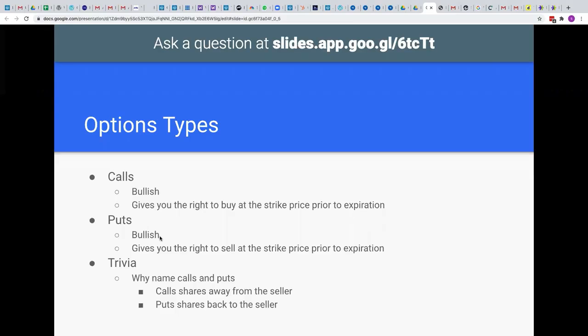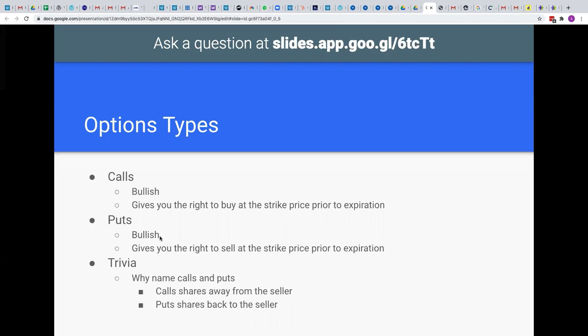At the expiration, you're taking the shares away from the seller. That means you take the right to buy at the end of the expiration. That's why we call it a call.